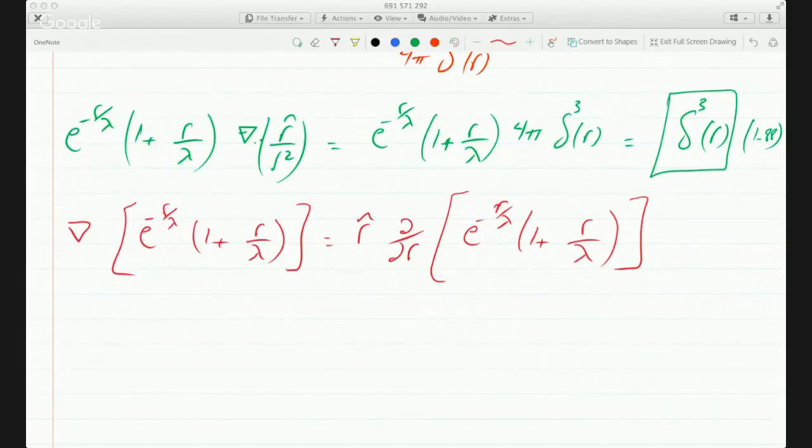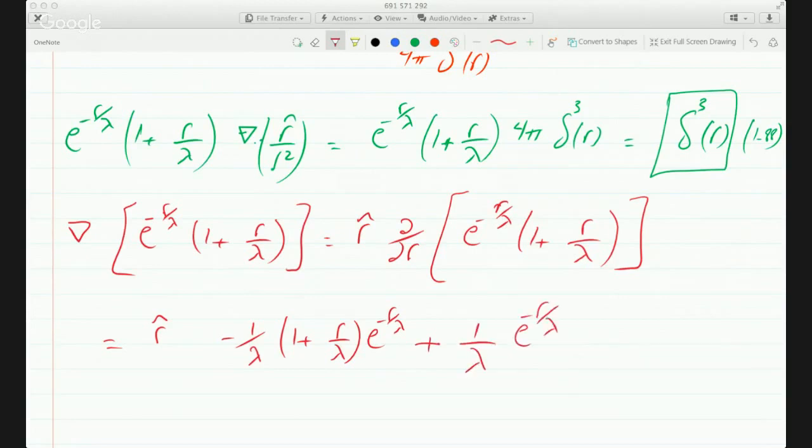Let's go ahead and do it. So d over dr becomes r hat times minus 1 over lambda times 1 plus r over lambda e to the minus r over lambda, by the product rule, plus 1 over lambda e to the minus r over lambda.